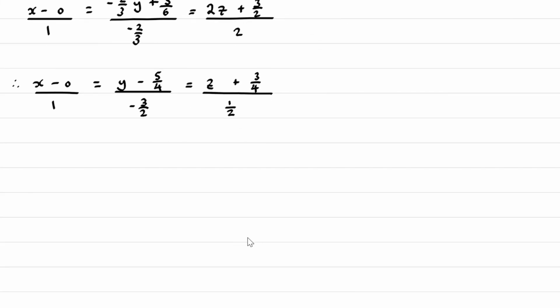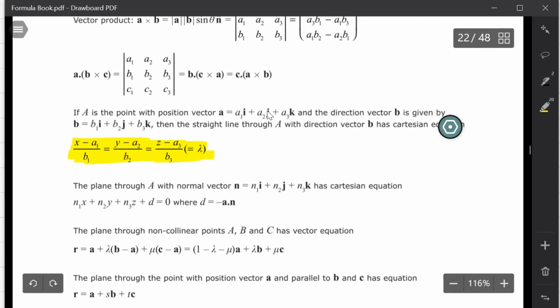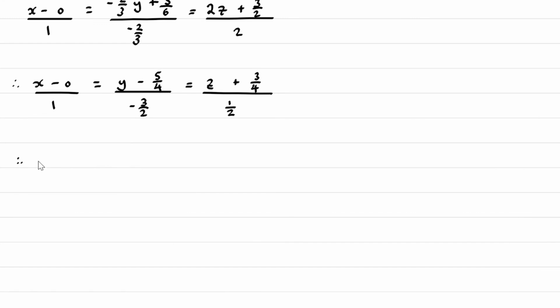So what we can see from here, if we match with what we have over here, is we can form the vectors a and b. The vector a is equal to 0i minus 5 over 4 j plus 3 over 4 k, and the vector b is equal to i minus 3 over 2 j plus 1/2 k, which is the direction vector.